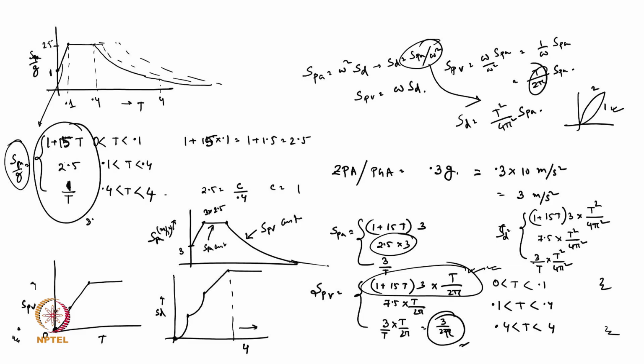And in all the cases, when we are designing a structure, we try to avoid the structure from the 0.1 to 0.4 range, because it will attract more earthquake force.